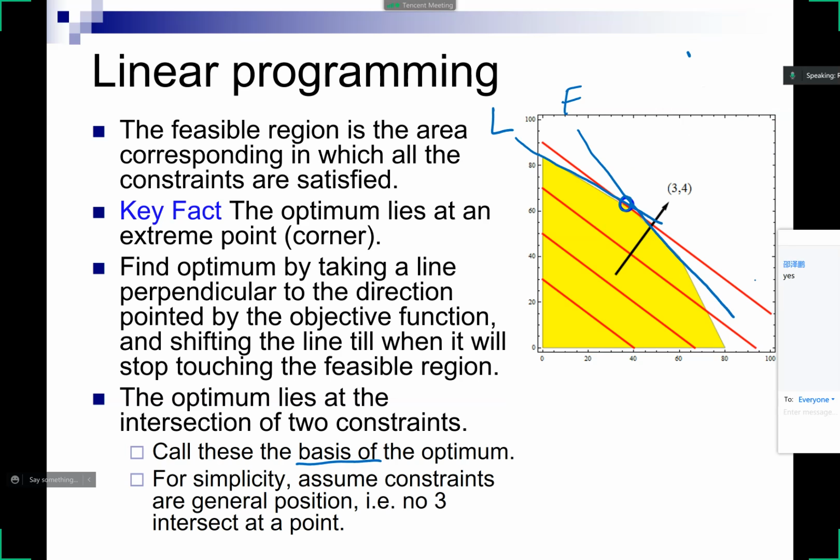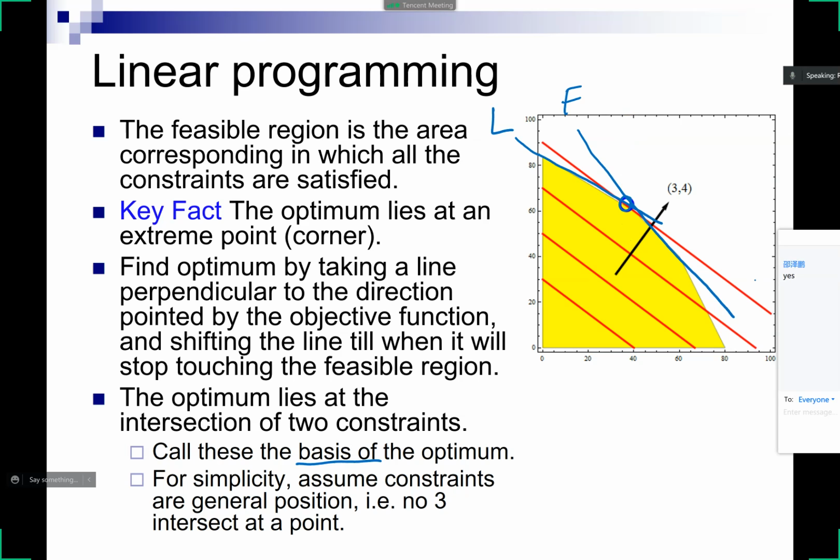Now, it is possible in two dimensions that you have three or more constraints which intersect at a point. This is a possibility, but when you consider a random instance of linear programming, there's a very low probability that you have three lines that actually intersect at a point.